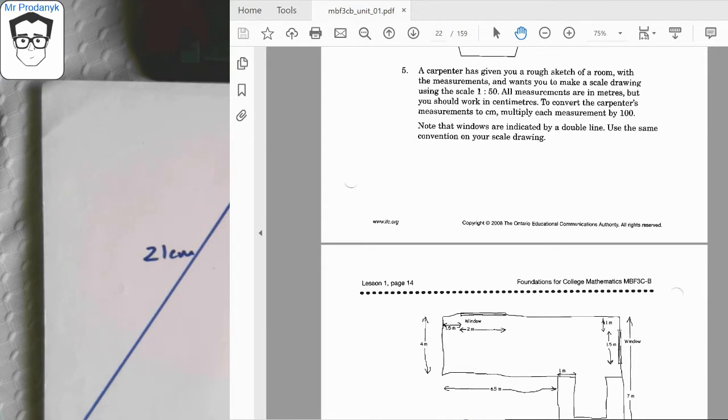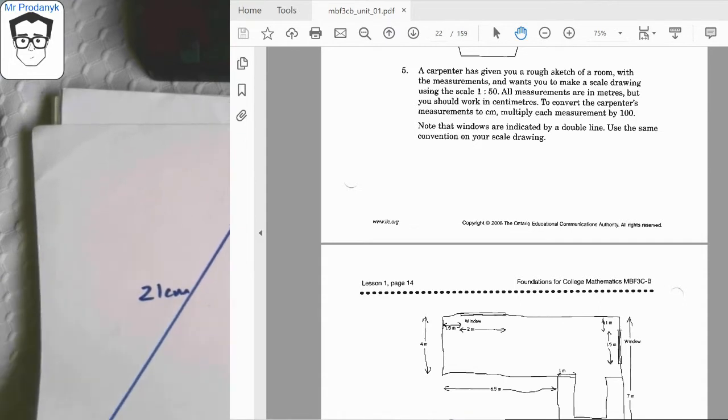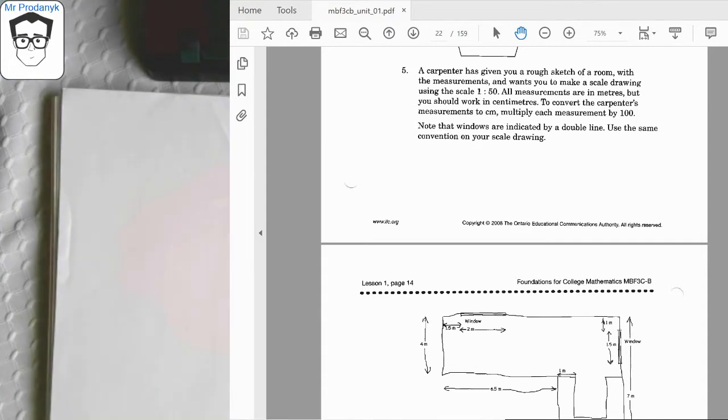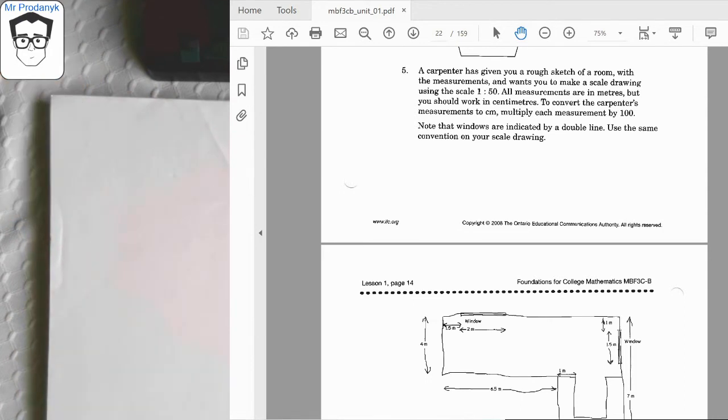Again, most things in a residential room pretty quickly get up into the meter range, and we're going to be working with a lot more decimals than necessary if we keep working with meters. So it's probably easier to work in the centimeter range. And most tape measures or rulers that you would use are well graduated into the centimeter unit of measurement, so better to work in centimeters.